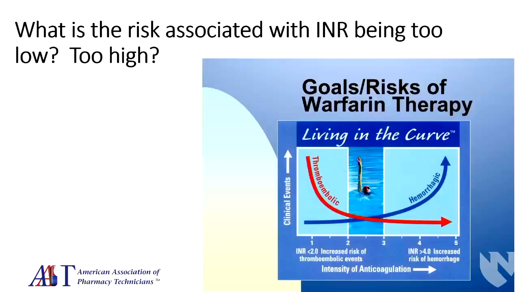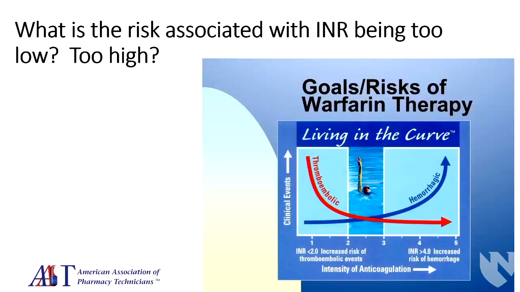So I like this slide, and I always showed it to my new patients because I think it's just a really nice representation of risk. On the slide along the bottom, the INR is going from 1, which is normal, up to 5 or higher. When the INR is below 2, the clotting is normal, which means if they have an underlying risk for thromboembolism, that's where they're at risk for having a blood clot.